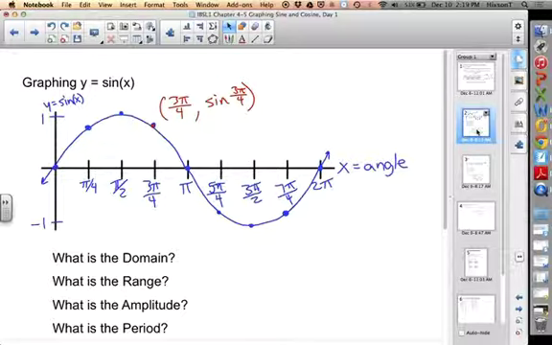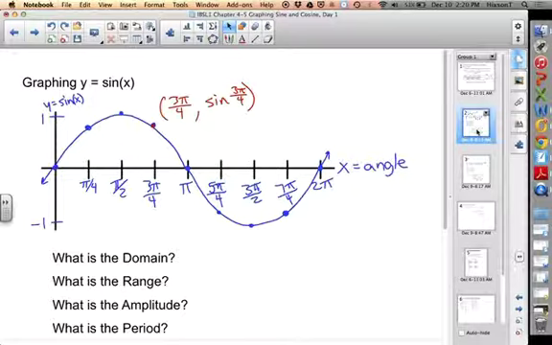When the angle is 3 pi over 4, sine is root 2 over 2 again. At pi, sine is 0. At 5 pi over 4, sine is negative root 2 over 2. At 3 pi over 2, sine is negative 1. At 7 pi over 4, negative root 2 over 2, and then we're back to 0.